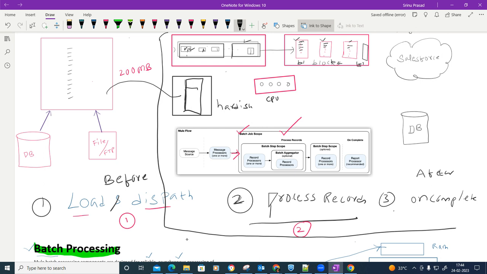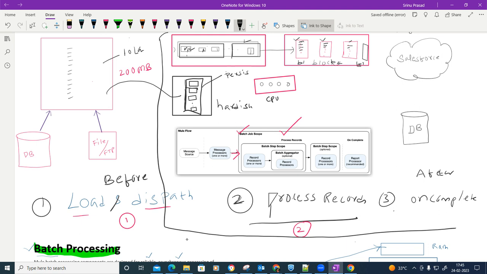I'm making this data into records in the queues: record one, record two, record three. Assume the 200 MB contains 1 million records, 10 lakh records, and I load all of them to my hard disk in a persistent queue.